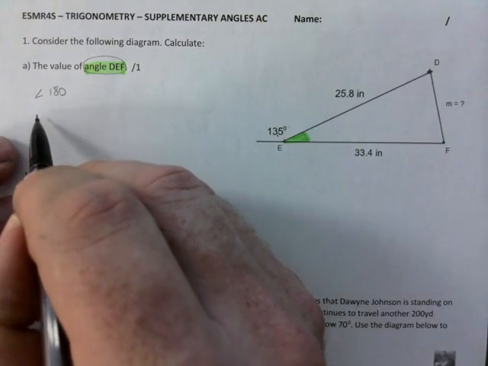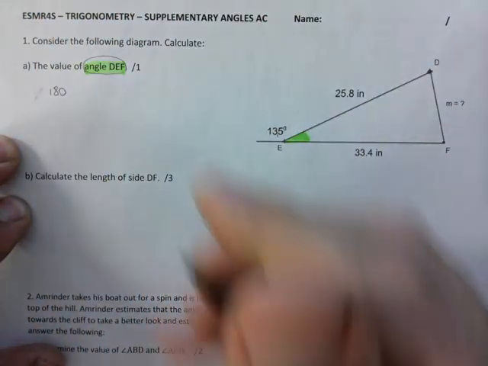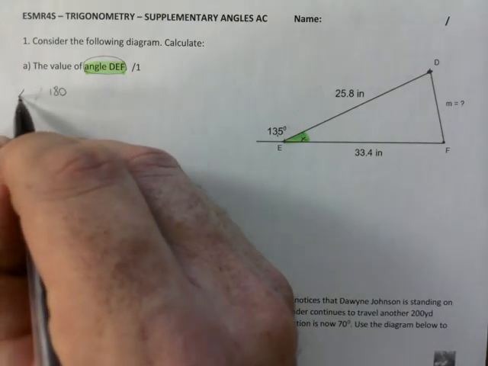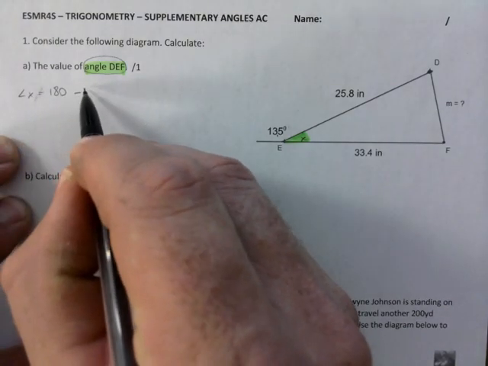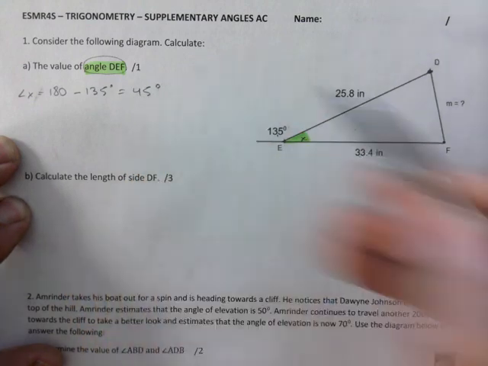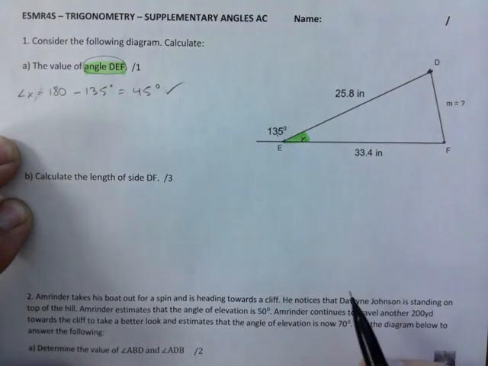You can call it X if you want, right? Angle X is 180 minus 135, and that is 45 degrees. Okay, so you got that. So 1 mark for that.